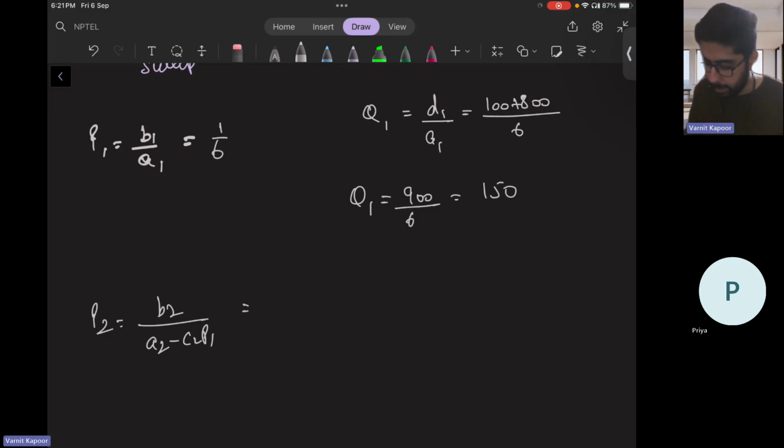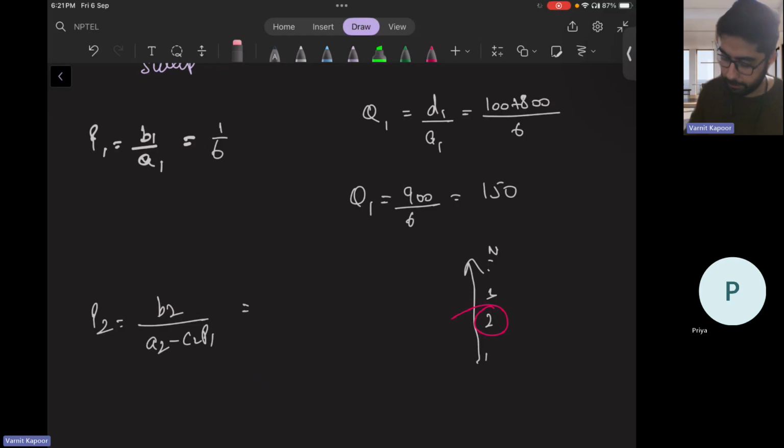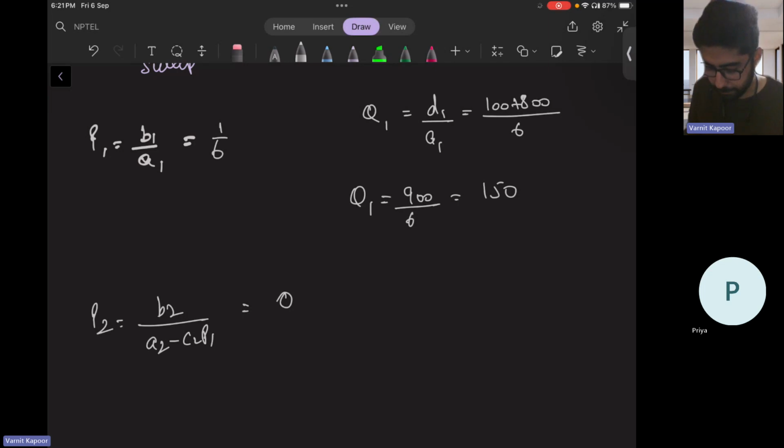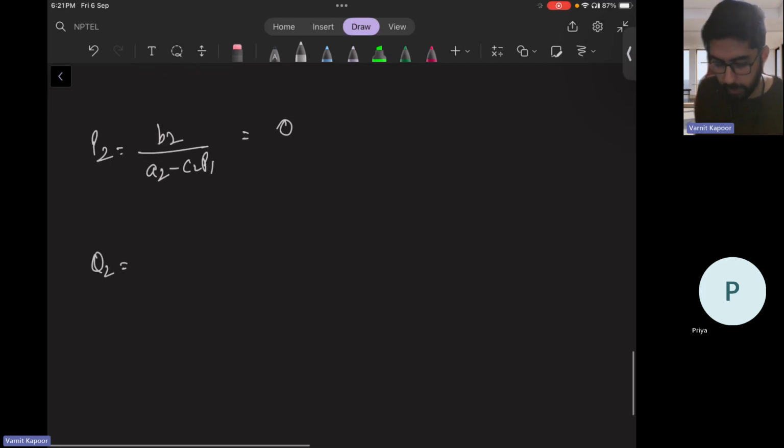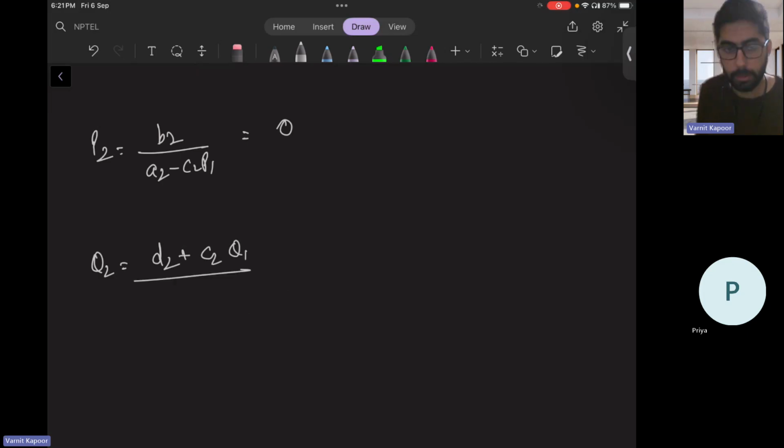So while traversing from 1 to 2 to 3 up to n, here our n is itself 2 because we have just 1 and 2 in the y direction. So B2 will always be 0 for trivial solutions. We have seen this thing. And Q2 is D2 plus C2 Q1 over A2 minus C2 P1.